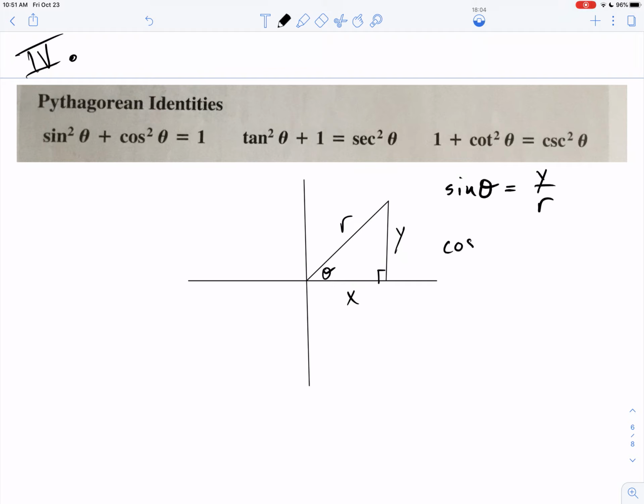I could say the cosine of theta, that would be the adjacent over the hypotenuse. Totally true. Heck, let's get them all soaked. The tangent would be opposite over adjacent, right?